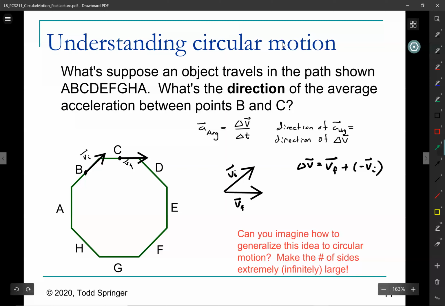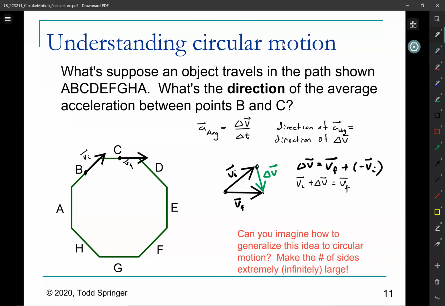And hopefully it's not too hard to realize that delta V is in this direction. You can see because VI plus delta V is equal to VF, because VI tip to tail with delta V ends up at the tip of VF.